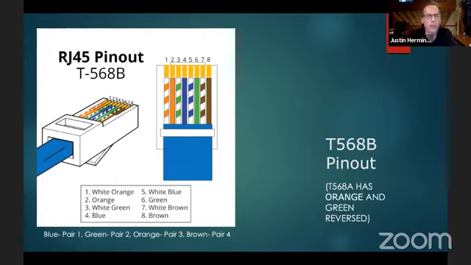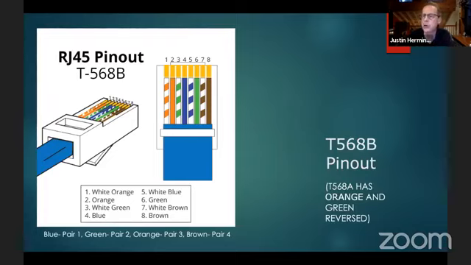When you're pinning them out, one thing that's important to know is the pairs are not straight across. I see a lot of people who will simply pin it, pins 1 and 2 one pair, 3 and 4 another, 5 and 6 another, 7 and 8 the fourth. The problem is the way it actually pins, if you look carefully, 4 and 5 are the blue pair, 3 and 6 are the green pair.